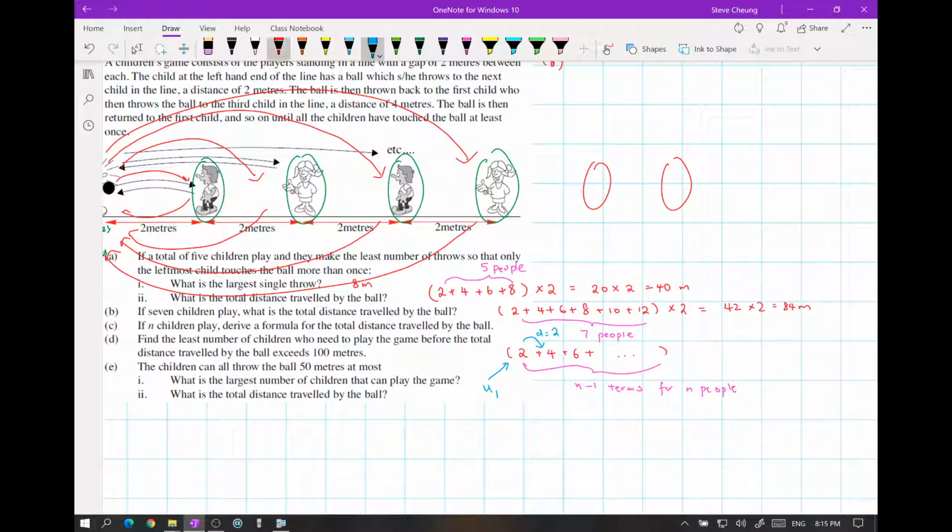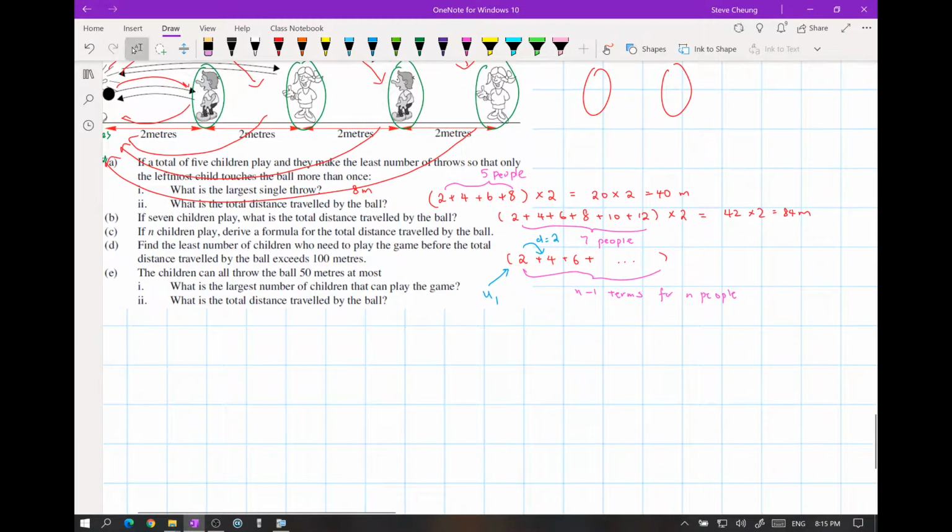So the n-term formula would just be U_n equals 2. Oh, wait. They want the total distance, right? So we want to go from 2, 4, 6, 8, 10. And then we only want to do it for n minus 1 terms.